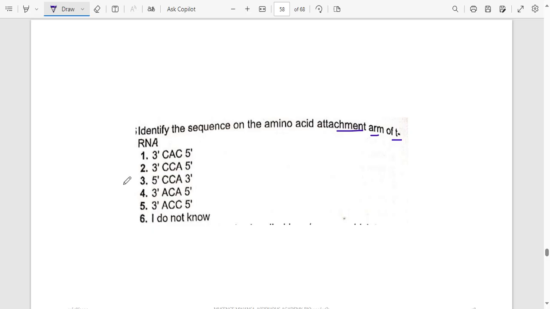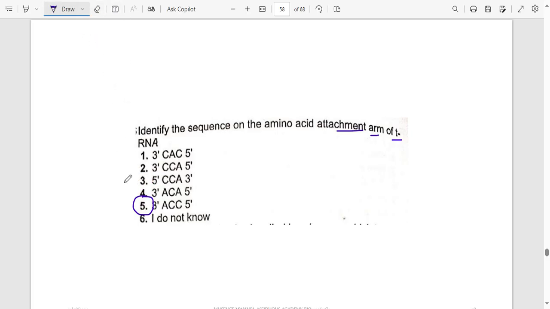Anyone else who thinks something? 5 prime or 3 prime ACC 5 prime? So we have got two answers. Which one did you choose, Harry? You chose 2.